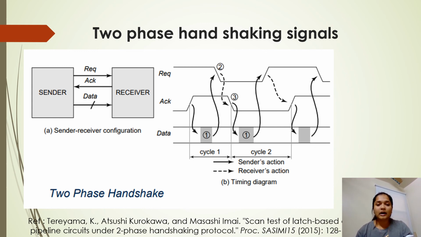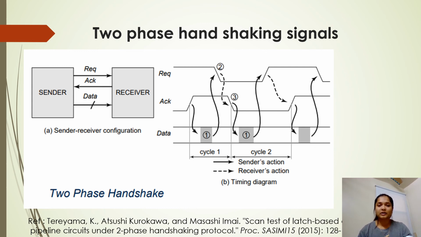One, after acknowledgement occurs on the previous data transfer, the sender is now free to send new data to the receiver. Sender is ready to send new data to the receiver.